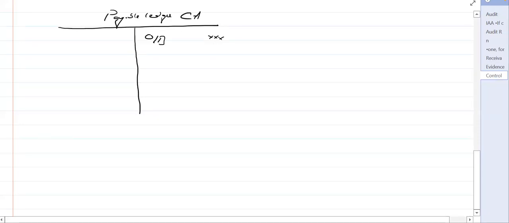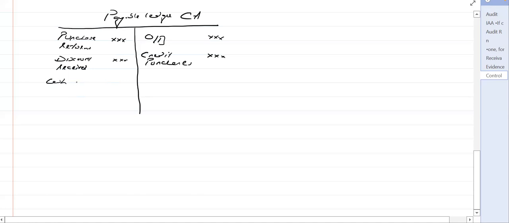In the payable ledger control account, the opening balance is on the credit side, and then we have the credit purchases. Then we have the purchase returns, also known as the return outwards. And then we have the discount received. Then we have cash paid to credit supplier.